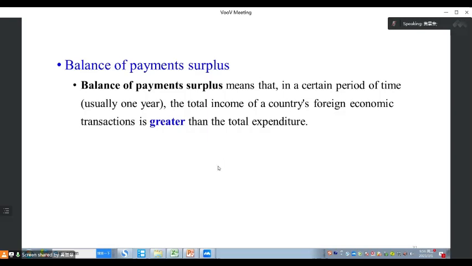So we should know what's the meaning of the surplus of balance of payments.